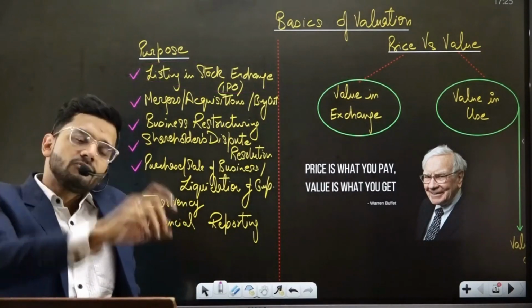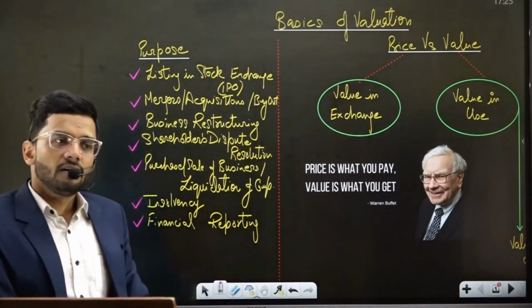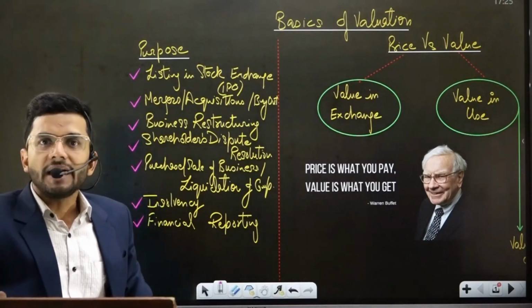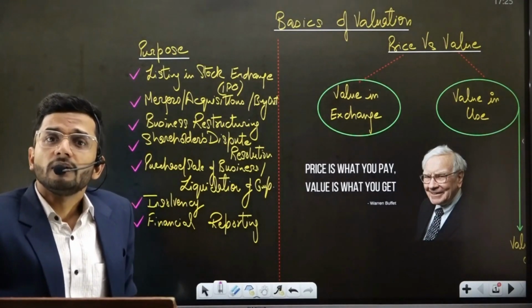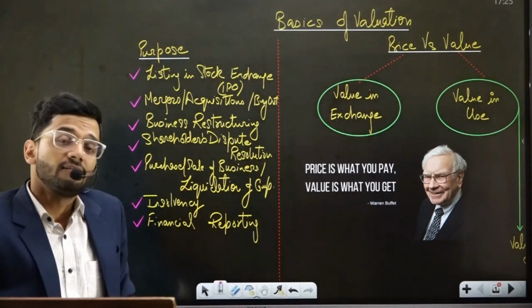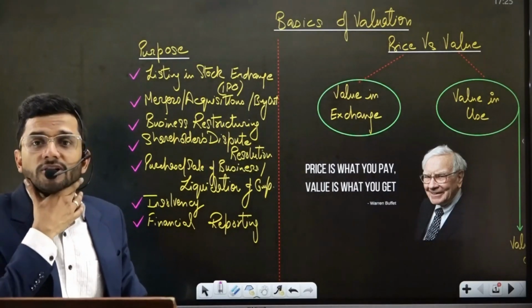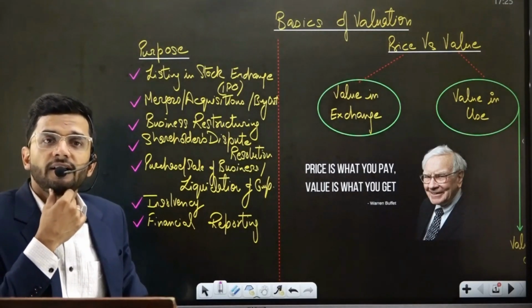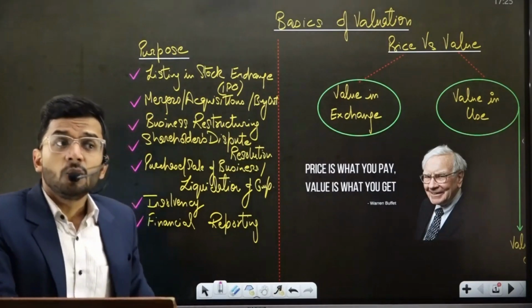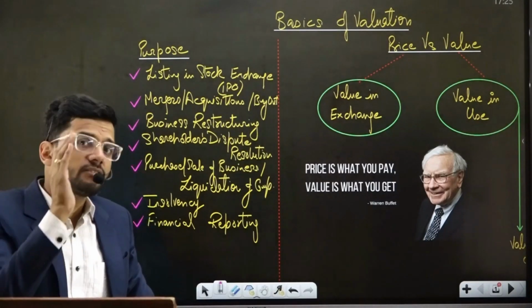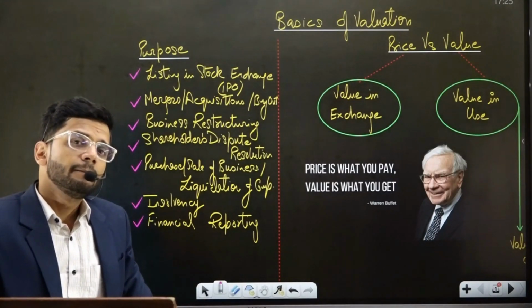Because, guys, the price which you're quoting for your shares, for the shareholders to buy, whether it's worth it or not, is the question which every future shareholder will have. The markets will have the same question: you are offering your share at the rate of, say, 120 rupees, whether it's worth spending 120 rupees for a company like yours.